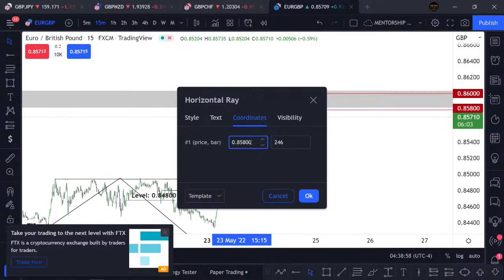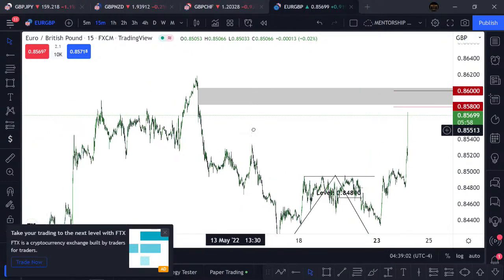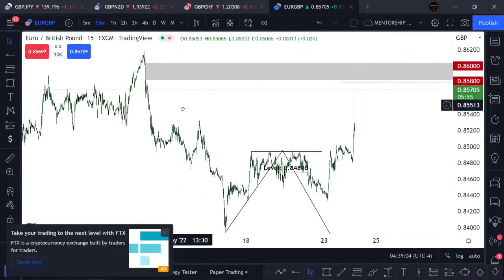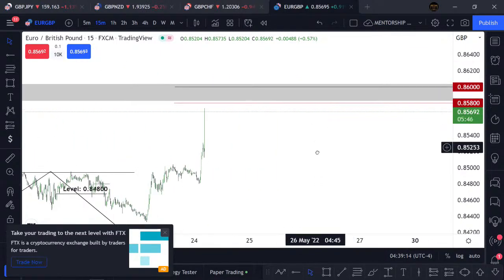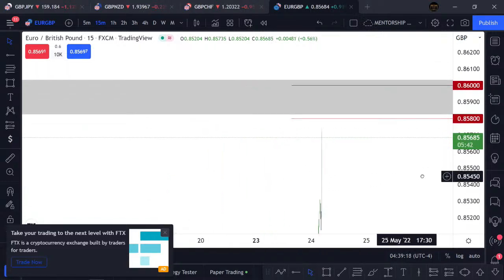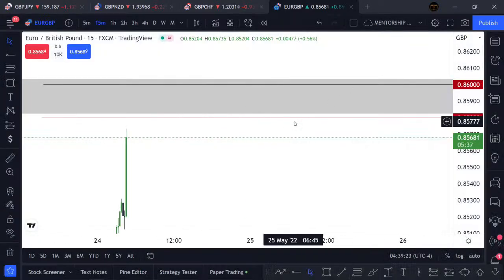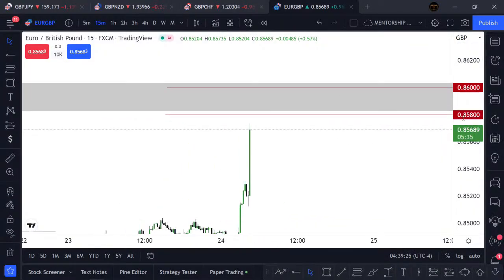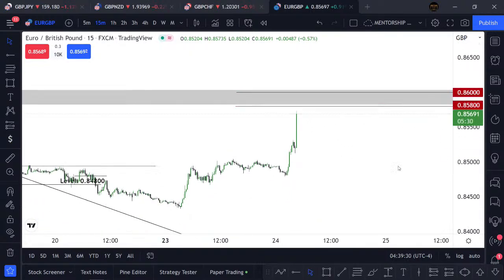But the 80 level, I would really be waiting for the imbalance. I'll be waiting for the institutional level with imbalance to go short. Do not chase price. Just let them do what they are good at, then you wait for an opportunity to at least push price lower.